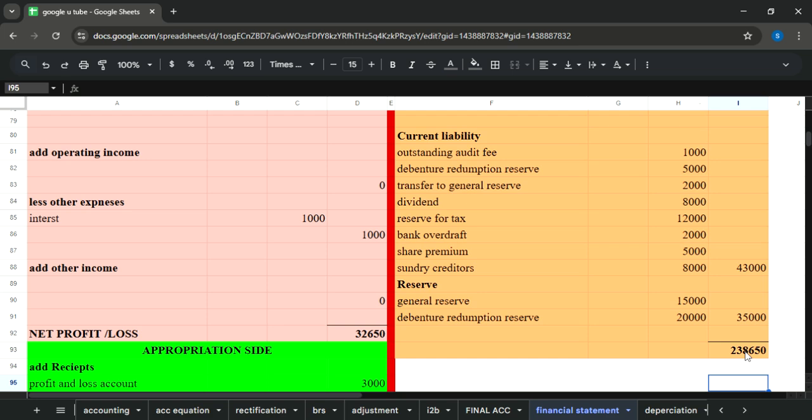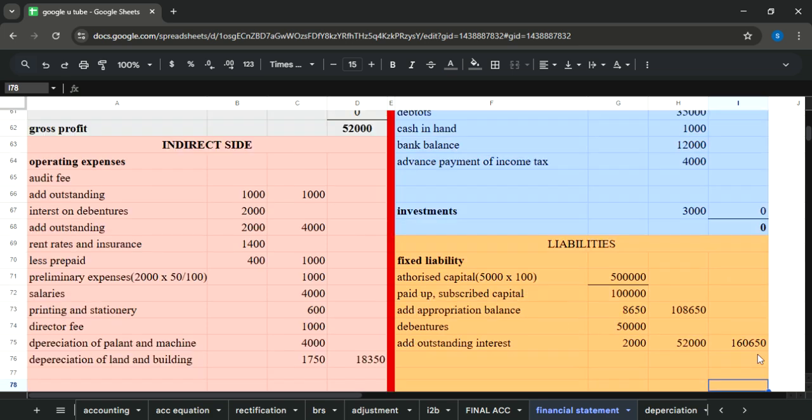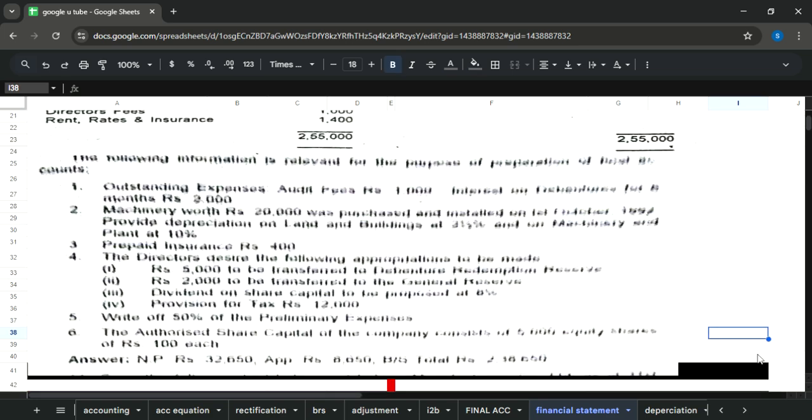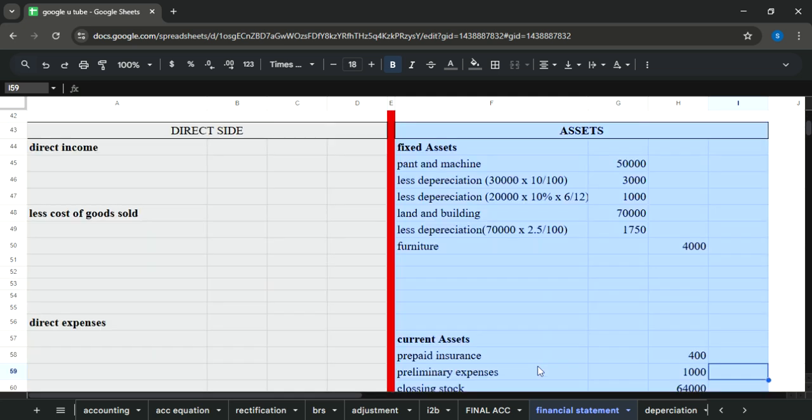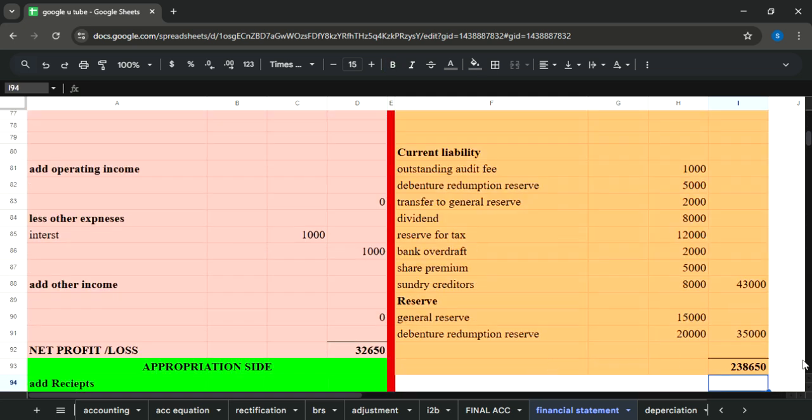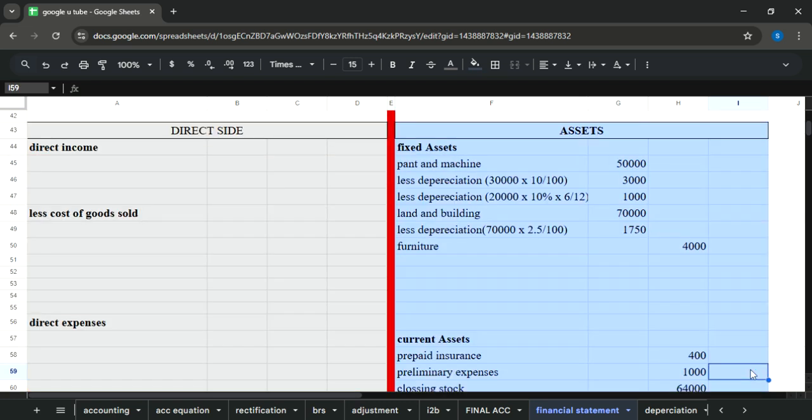Finally, we have got 238650, and the answer in book is 238650. Although it's little blurry, but maybe you can look at it. 238650. And our liability answer is 238650. So guys, after liability side, we are now ready to start asset side.